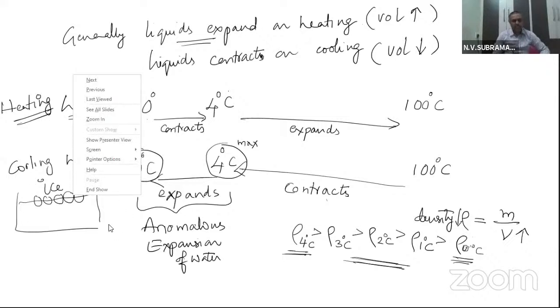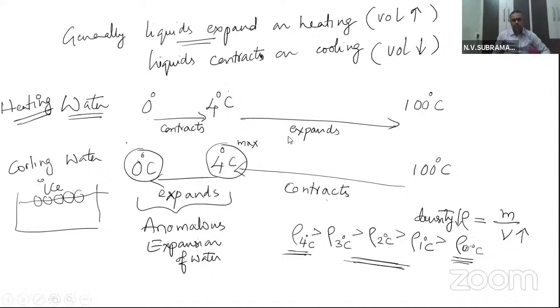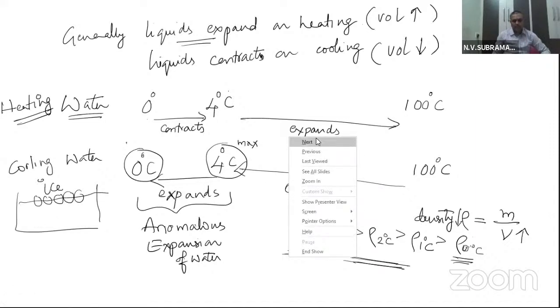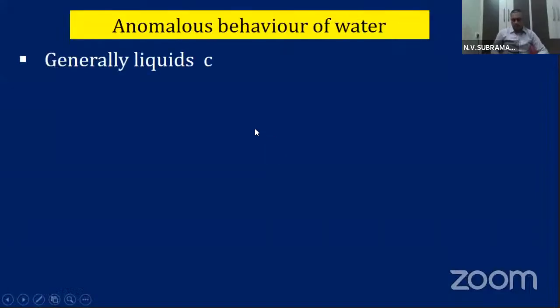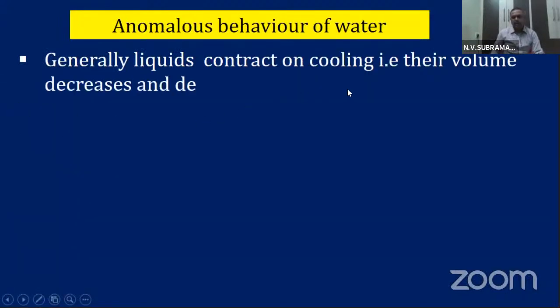Ice density is less than water density. So this property you remember, children. So did you understand anomalous expansion? I will explain the actual importance of this. Let us see. Generally, liquids contract on cooling. That is, their volume decreases and density increases. Okay.